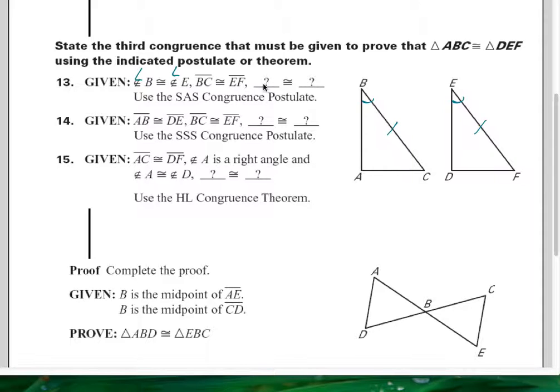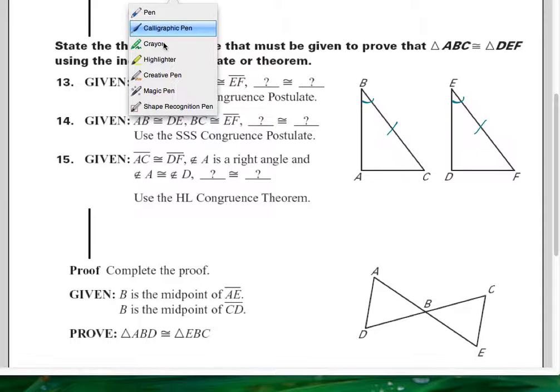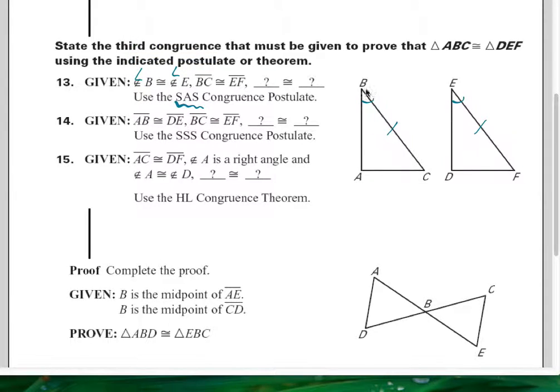Now they're asking what goes here so that you can use side angle side postulate. Remember, to use side angle side, the angle needs to be surrounded. Currently, we have this side that is touching this angle, but we need to surround the angle. To surround the angle, I need this side of the triangle and this side of this triangle.